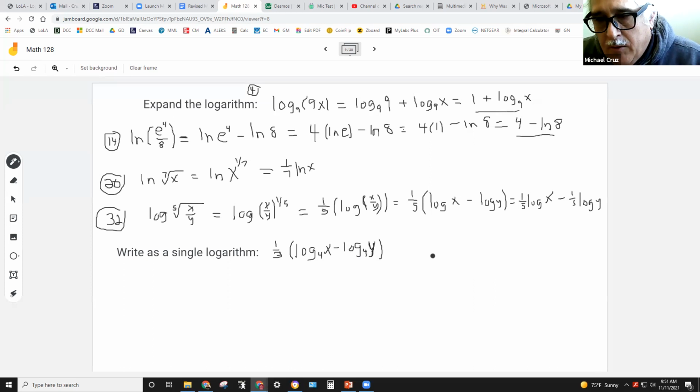All right, so what we're going to do is put these together as one logarithm with the quotient rule. So that's just x over y. Which is equal to, and then this is going to come up as a power.